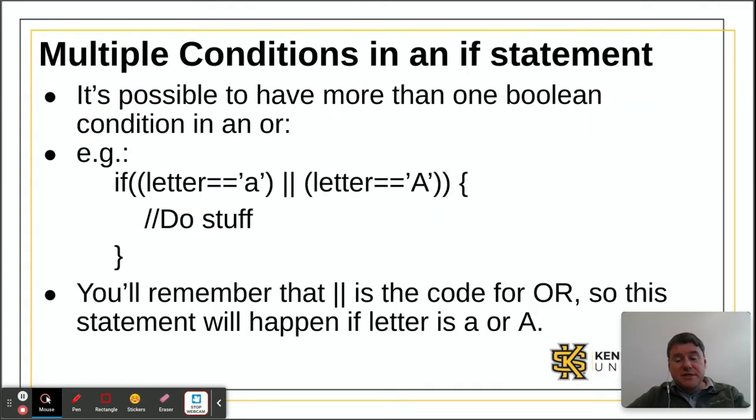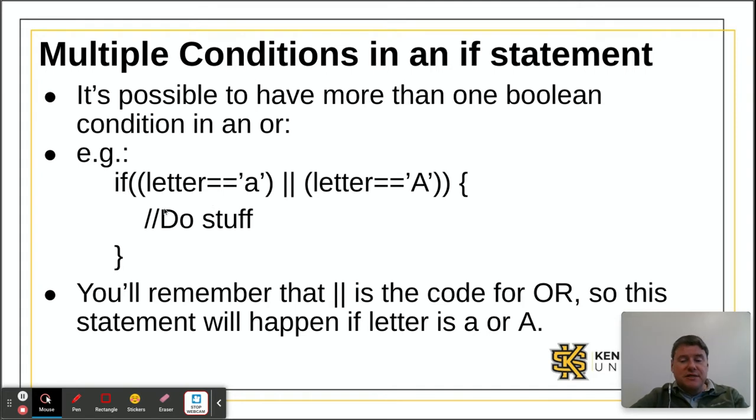It is possible inside of an if statement to have more than one condition that you're checking. And this is where we would use the or, the and, perhaps even the not that we talked about in the last class. So here's an example of a more complicated if statement. If letter is equal to lowercase a or letter is equal to capital A, then we would do stuff, whatever the do stuff is.